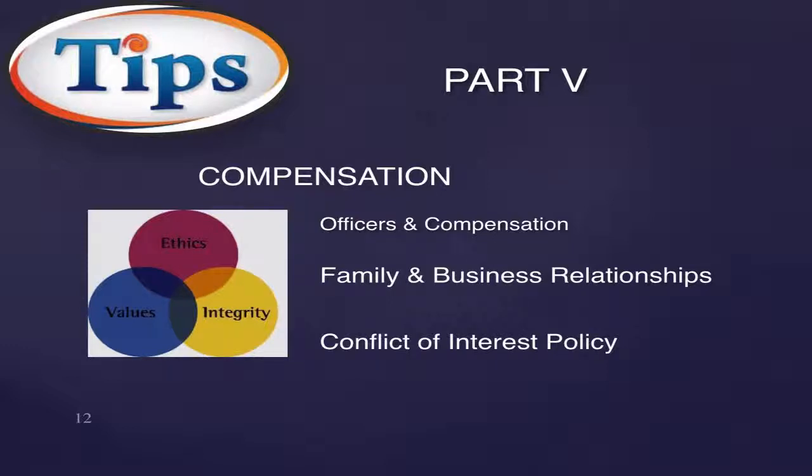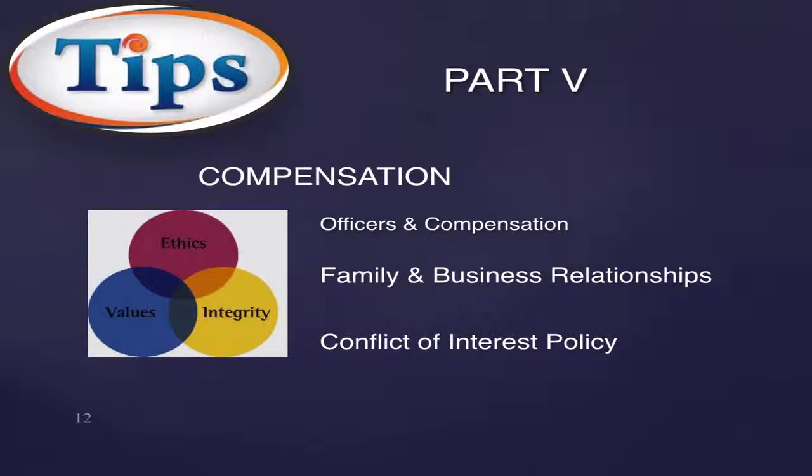Question number 2A. Are any of your officers, directors, or trustees related to each other through family or business relationships? If yes, you would need to explain this to the IRS, and this would become a potential attachment. However, don't worry.